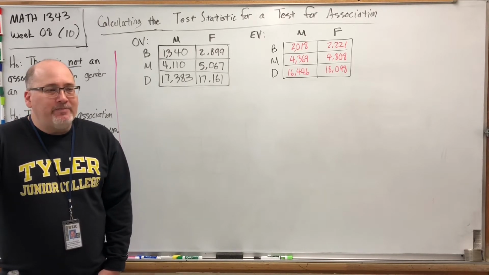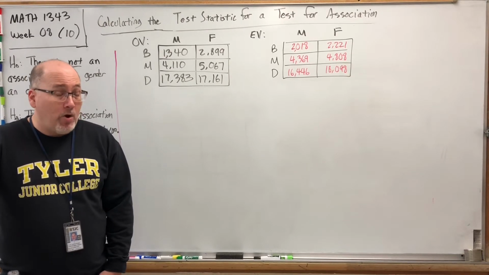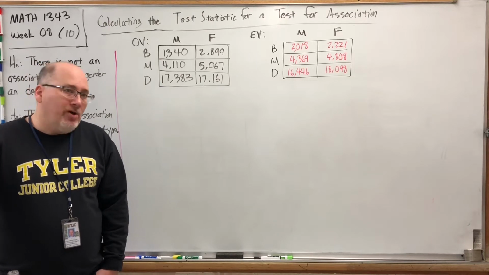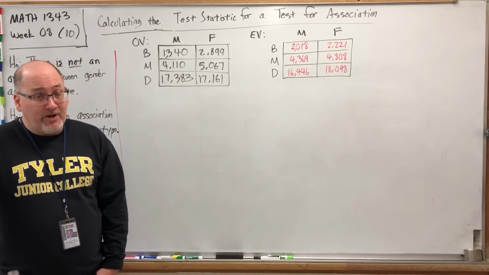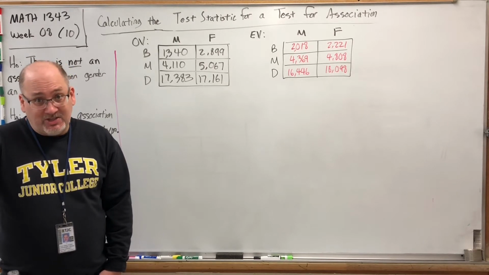But if what we observed deviates too much from what we expected, then we don't blame it on the sample. We say our null hypothesis was wrong to begin with. So in order to make that determination, we have to calculate the test statistic.